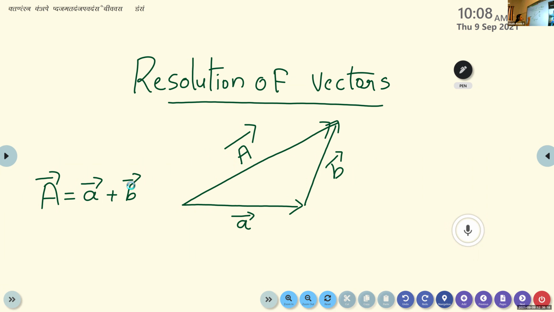The resultant vector A is the sum of vector a and vector b. Or we can say small letter vector a and vector b are the components of capital letter vector A.